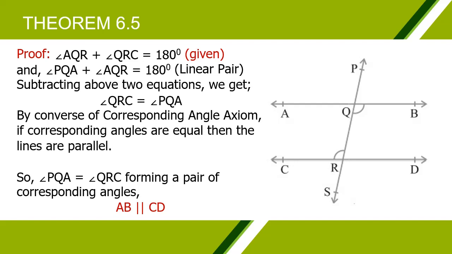So by converse of corresponding angle axiom, the two lines AB and CD are parallel, because converse of corresponding angle axiom says that if corresponding angles are equal, then the two lines are parallel. And here angle PQA is equal to angle QRC, forming a pair of corresponding angles, and hence line AB is parallel to CD.